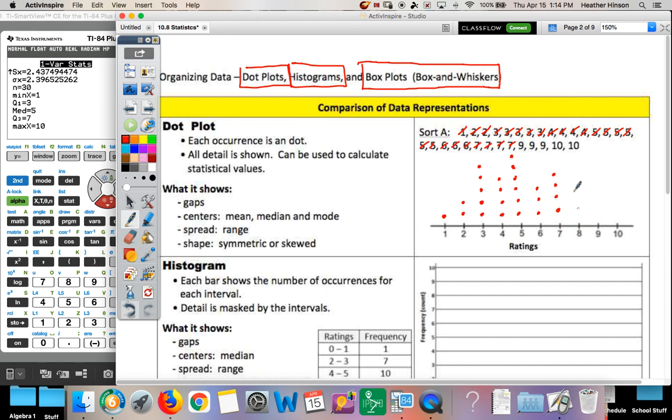Ooh, no eights, so 8's not going to get a dot. 1, 2, 3 nines. And 2 tens. So that's a dot plot.